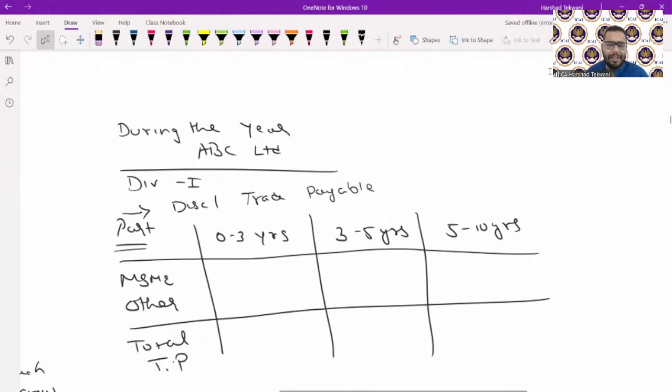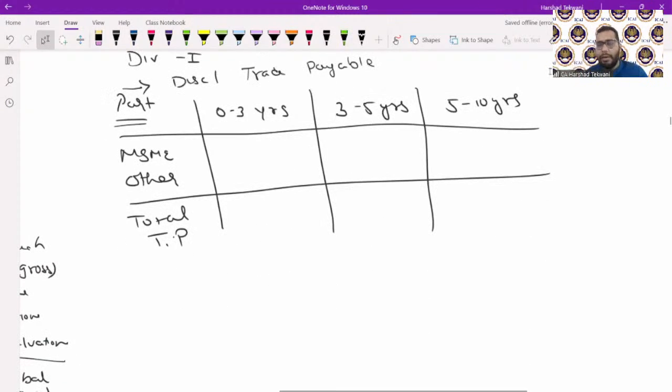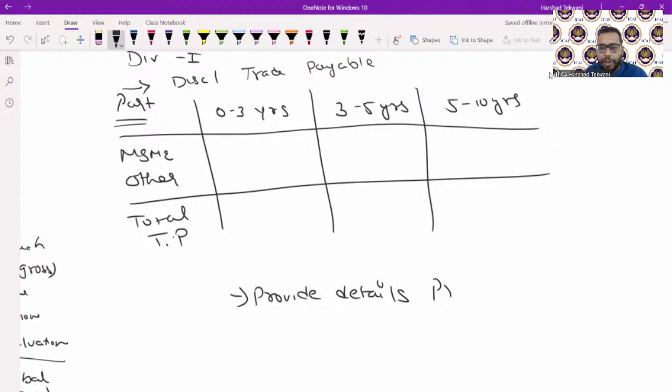Okay, so how to answer? Whenever such questions come in exam, remember, in previous lectures also I have provided how to answer this particular question. First, you need to provide details of the provision applicable.